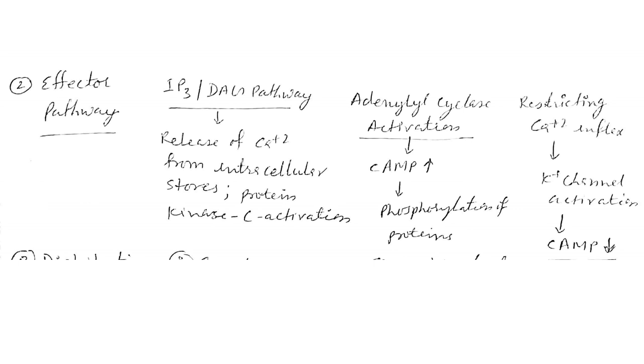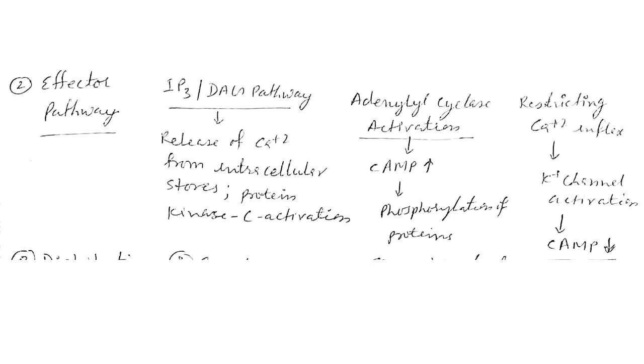As we know, when phosphorylation of the protein takes place, the protein is activated and exerts its action. Similarly, when histamine binds with the H2 receptors, it exerts its action through phosphorylation of proteins by increasing cyclic AMP.